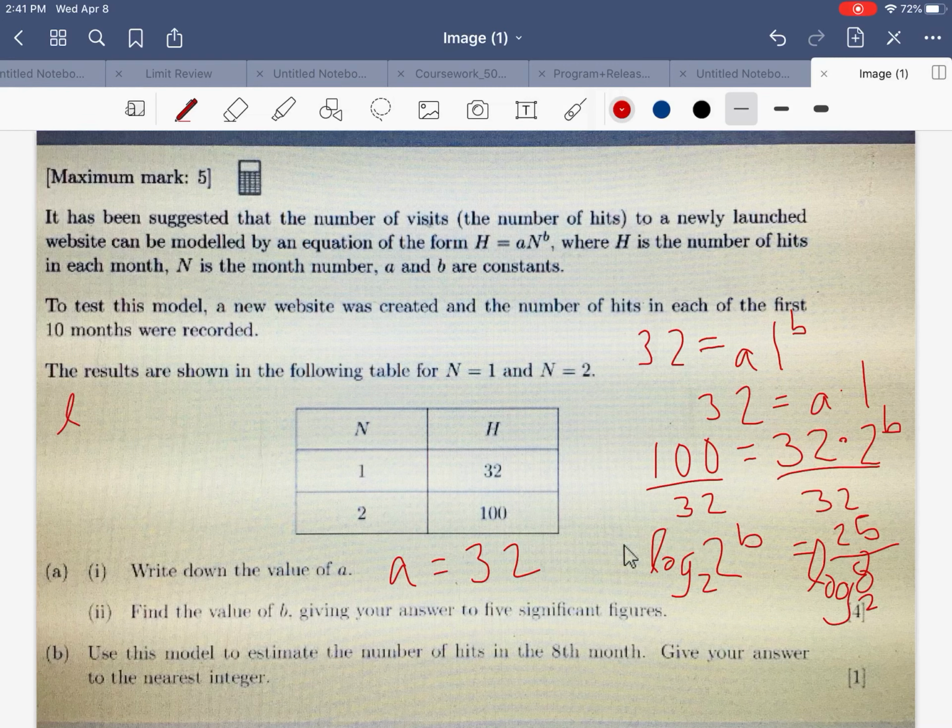So you have log base 2 of 25 over 8 is equal to b, and you have to put that in your calculator.